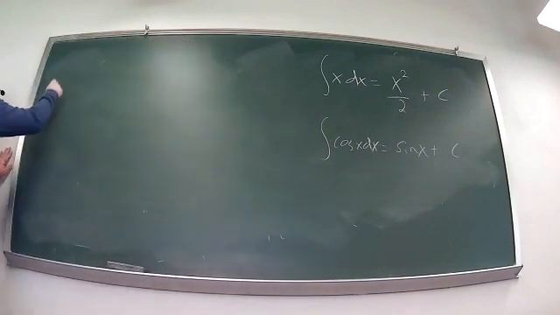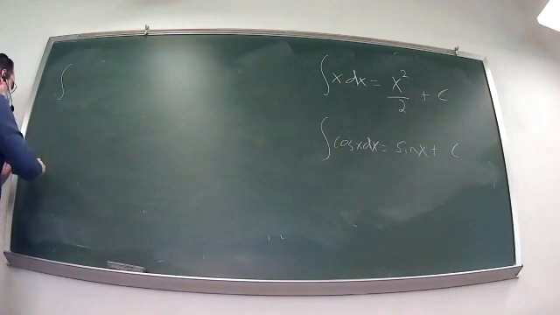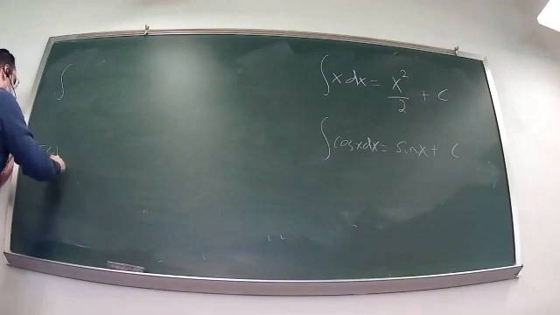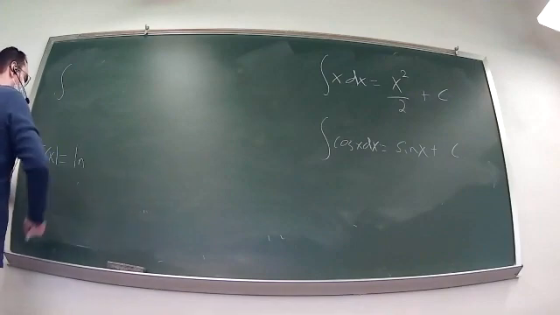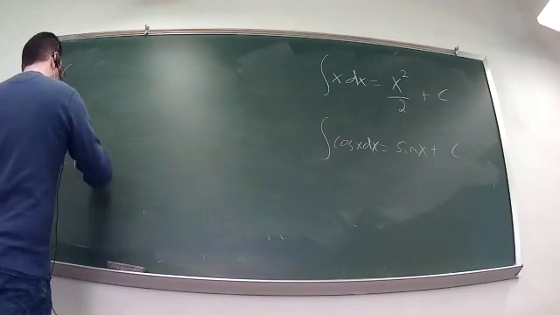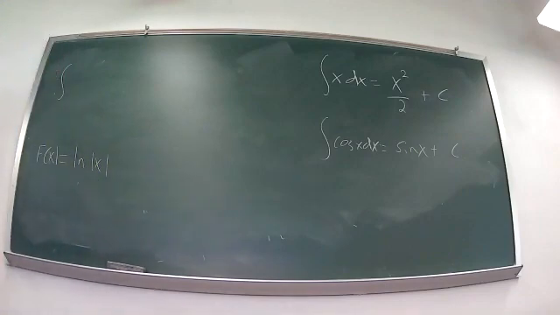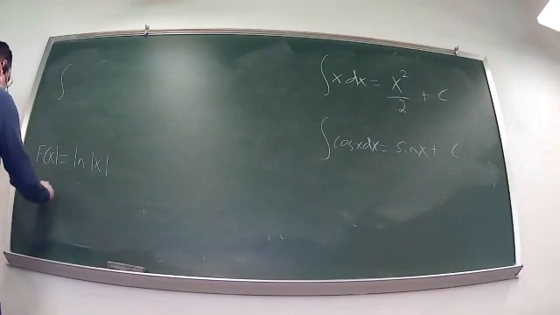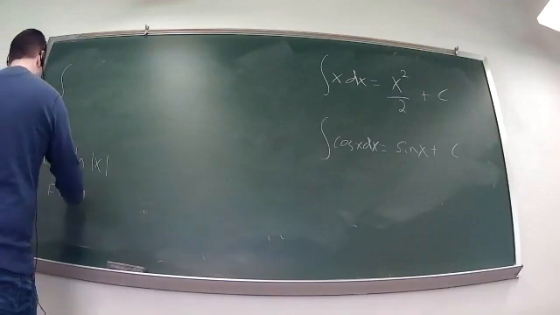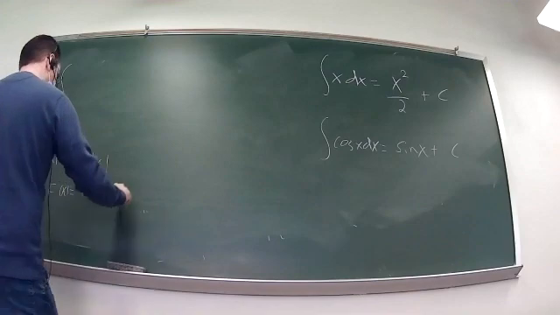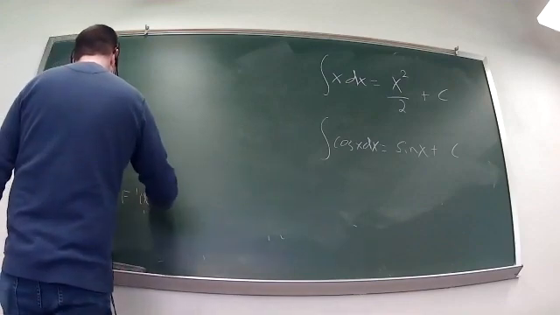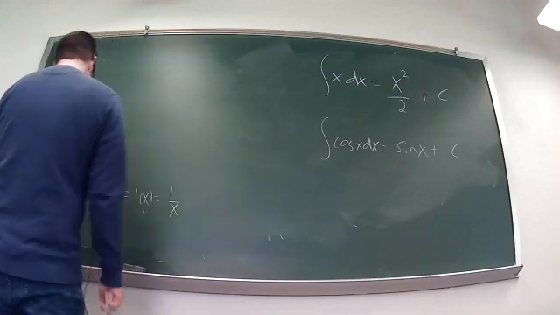So for instance, if I take the derivative of natural log of absolute value of x, so when x is bigger than 0, then f of x is natural log of x, and so f prime is 1 over x.